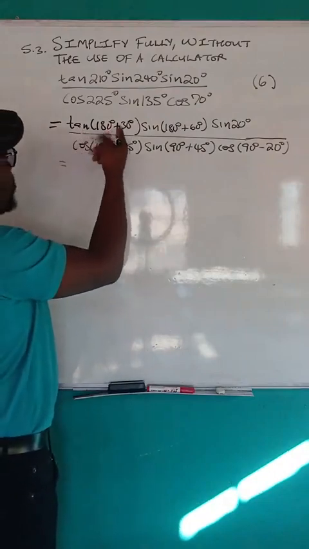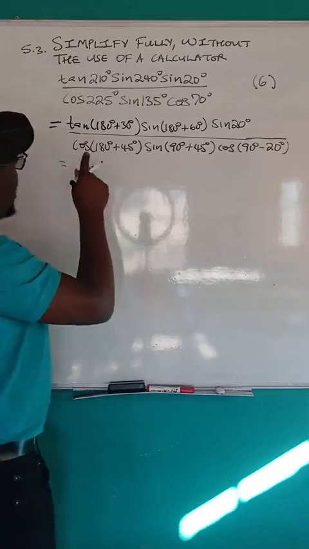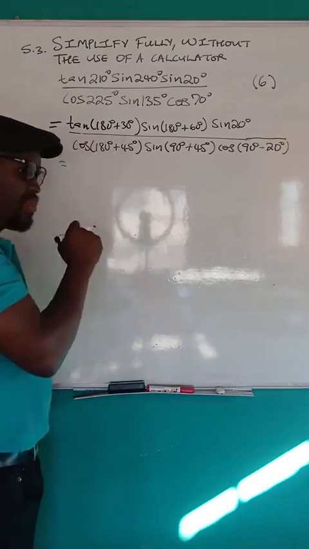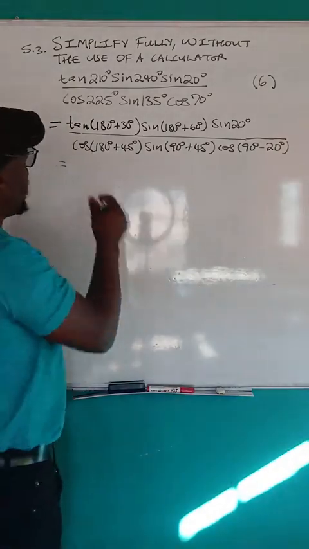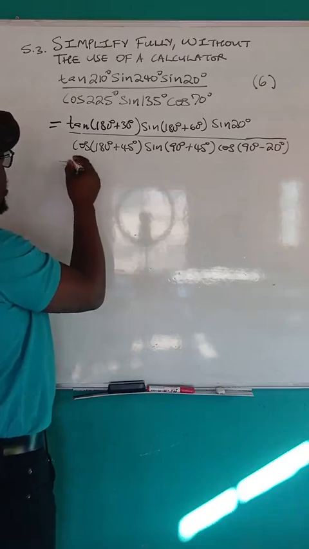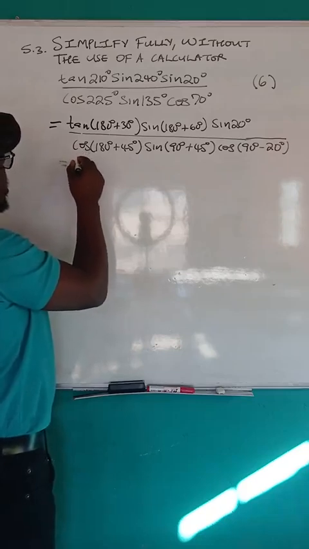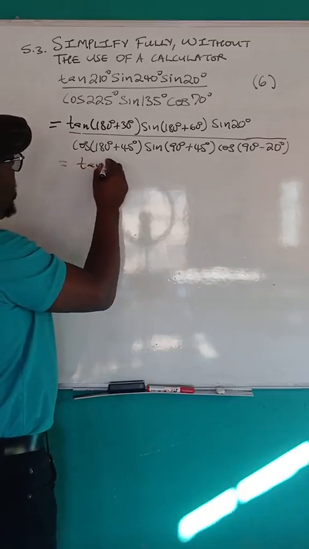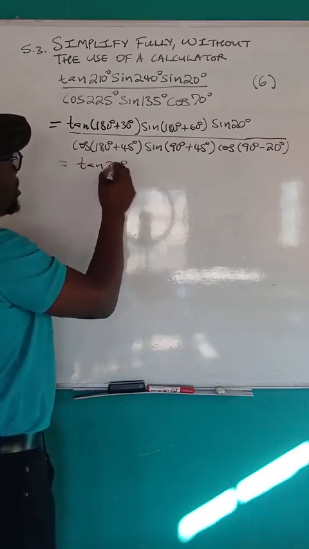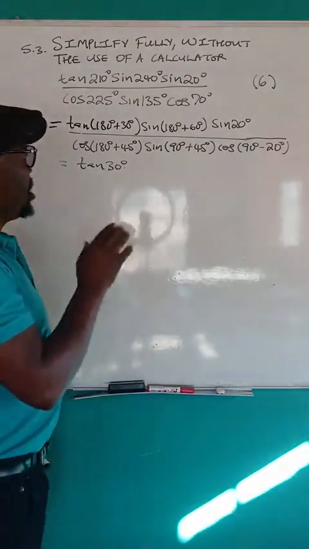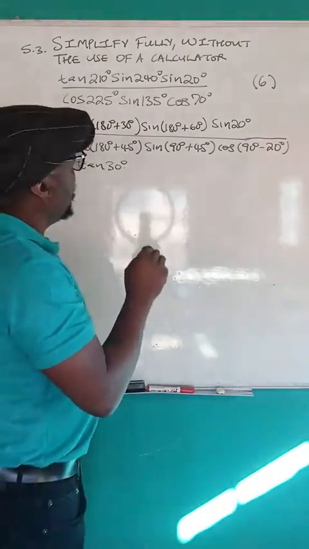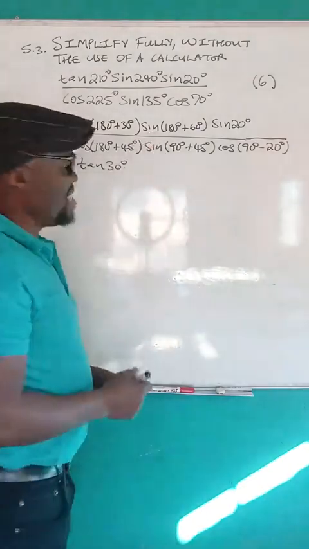Tan of 180 degrees plus 30 degrees takes us to the third quadrant, wherein the tan ratio is positive. Then we will get tan 30 degrees. Sin 180 degrees plus 60 degrees also takes us into the third quadrant, where the sin ratio is negative.